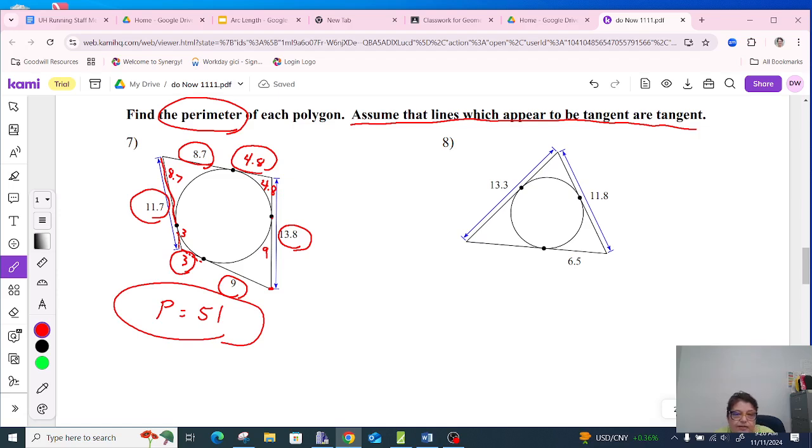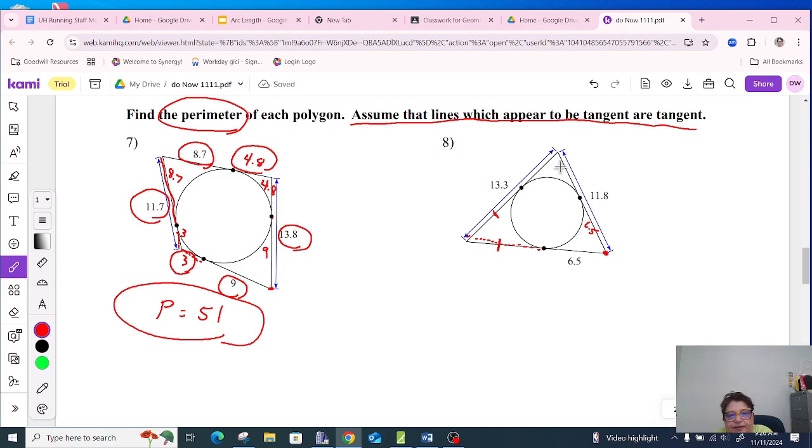We have all the segments here, right? But we're missing this segment right here. To get that, I'm going to have to walk all the way around to find missing pieces because this segment and this segment would be equal. So this piece here is 6.5, right? Because of this point here. Subtract 11.8 and 6.5.